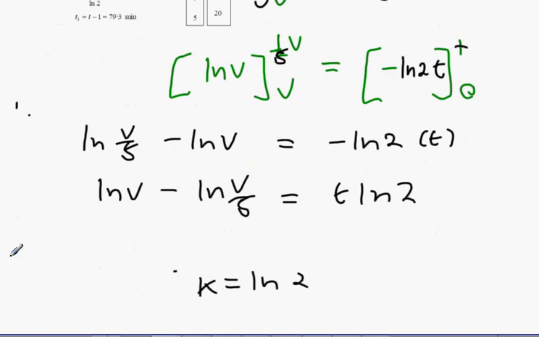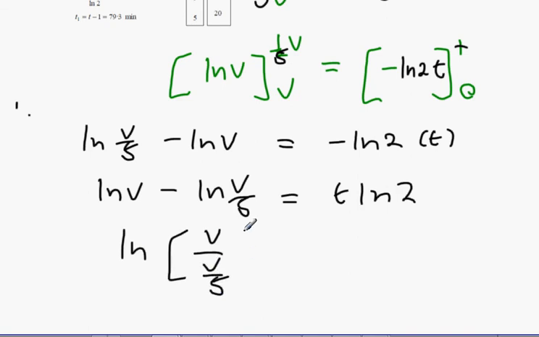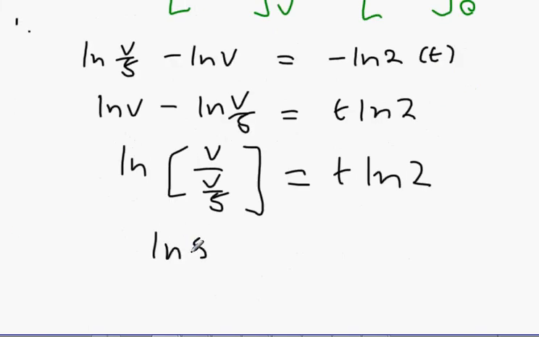And then when we do the log rule for ln V minus ln V over 5, it's going to be ln V, take away V over 5, equals t ln 2. And then it's going to be ln 5 equals t ln 2.